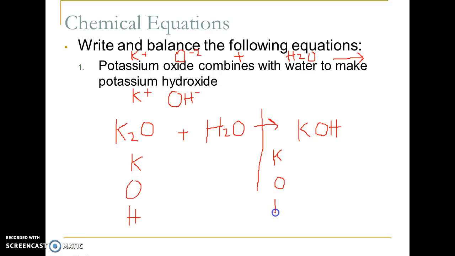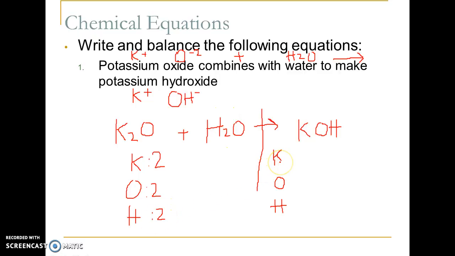Oxygen and hydrogen, and now I'm going to count them. I have 2 potassiums on my reactant side. And now our oxygens are a little tricky here. I have oxygen located in 2 places, so I have O plus O, that's 2, and I have 2 hydrogens as well.